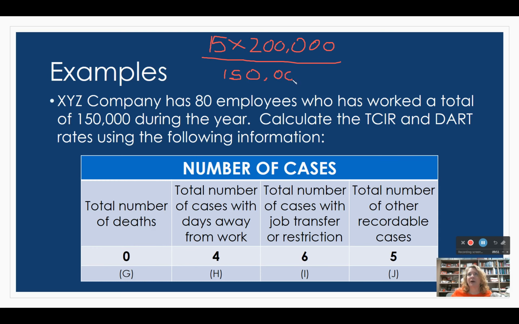First off, this is going to be super high, mainly because this is based on 200,000 hours a year, and we only have this many, and we have 80 employees. That doesn't really make sense, but what I came out with was 20.